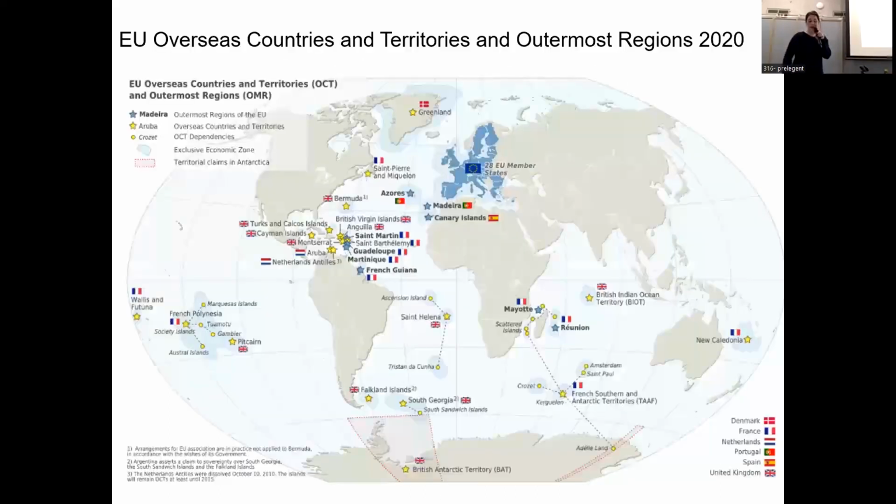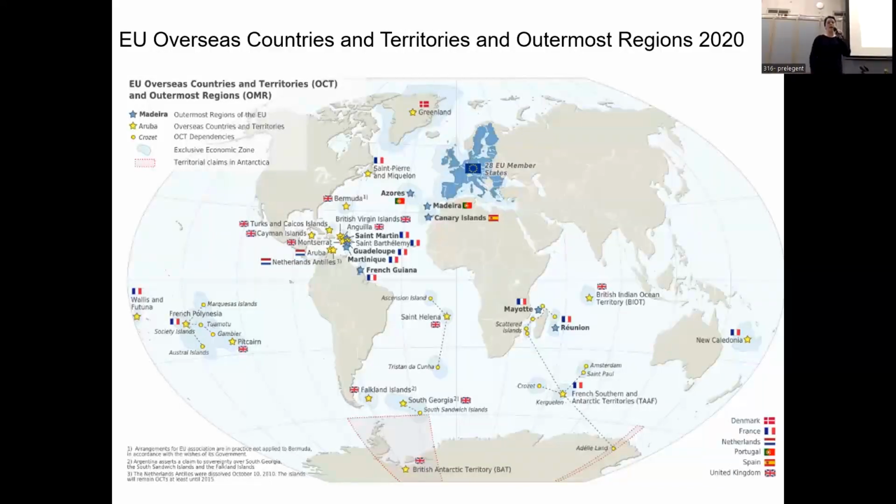The distribution of forgotten European Union territories looked like this in 2020. That was before Brexit, and that is important because Britain has 14 of those, and there's 29 all in all.